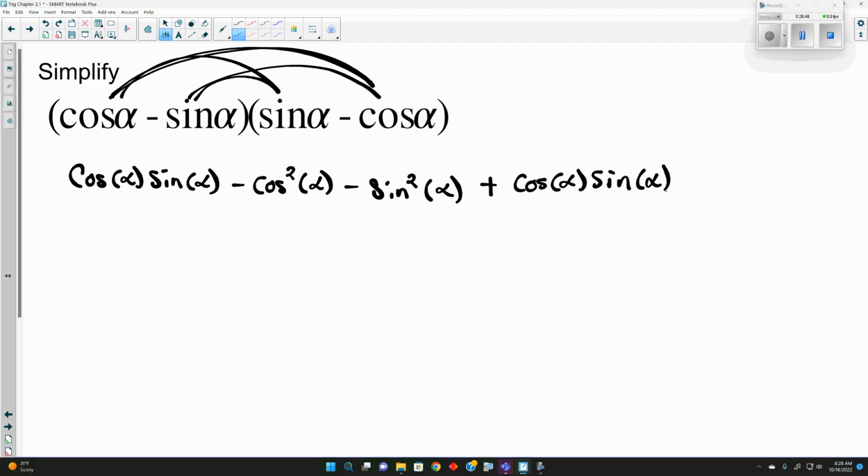Now you might be wondering why I ordered it with cosine first and sine second. Well, the first one where we multiplied cosine and sine, I put cosine first, yes? So just so that we can see that those two are the same. Cosine times sine is the same as sine times cosine, yes? So I'll just keep them looking the same so that when I'm looking back, or especially when we start simplifying, okay, these are the same and we can go on and add them.